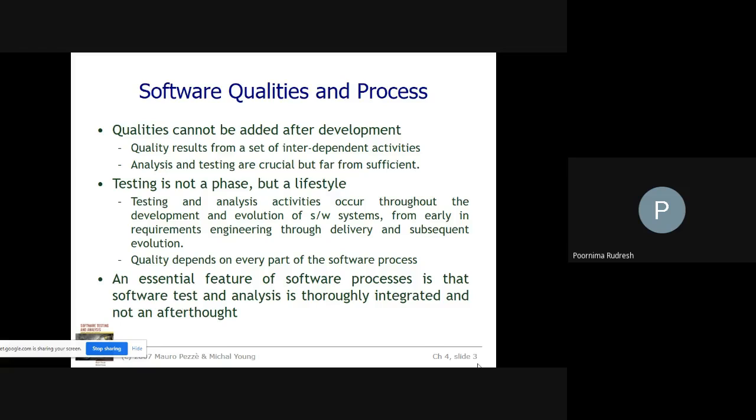So software quality is a very essential factor, and that can be achieved through analysis and testing. But analysis and testing is not the single one, but it is the essential one. Along with that, we have to go for other measures, so that the software quality can be assured.